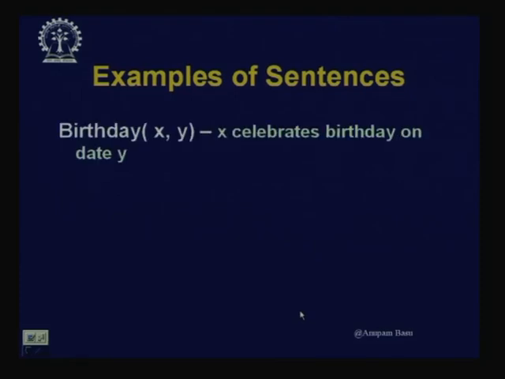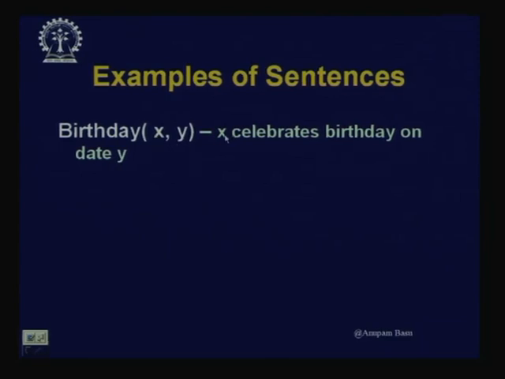Say, if we write the predicate birthday x y. So, this is a binary predicate, right. Why is it a binary predicate? Because it has got two variables as parameters. What is the meaning of this in a particular domain?